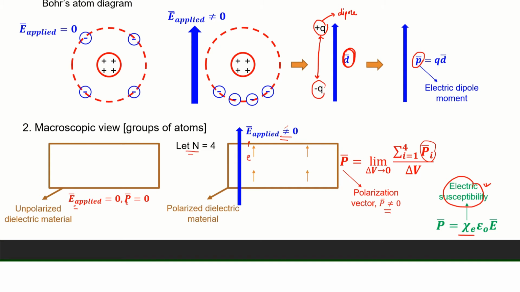So from here we can see that when a dielectric is exposed to an electric field, it will produce the polarization. It will produce P, which is denoted as polarization.